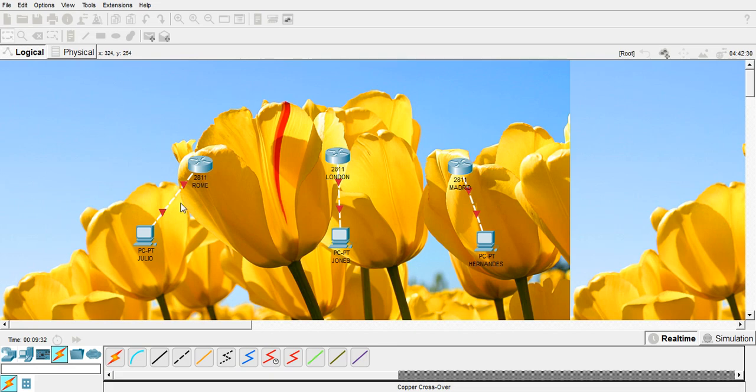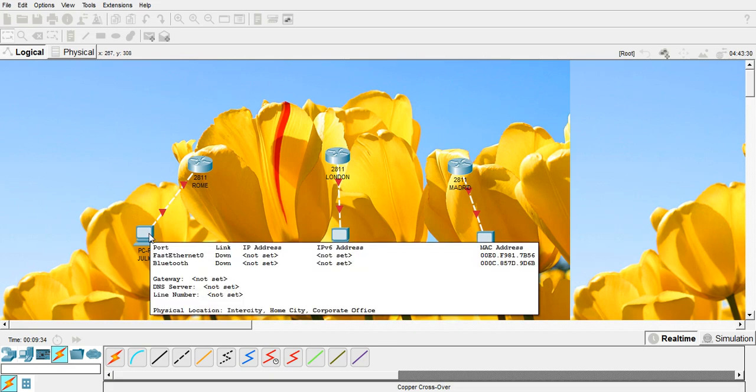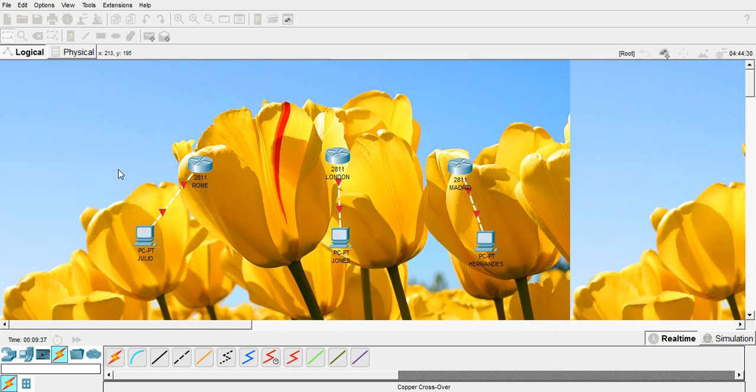Because I don't want to throw around PCs on my work pane, I'll basically use the same PC to log into the router. So what do I mean? I'll connect the console cable to the same PC that is connected to my router via the crossover cable, just because I don't want to use too many PCs on my work screen. I'll do this for all the devices on my pane.